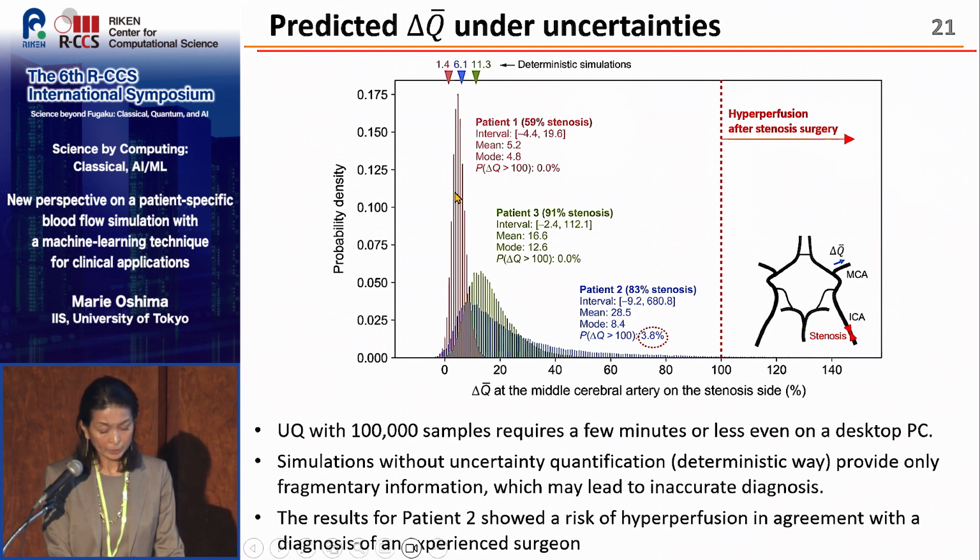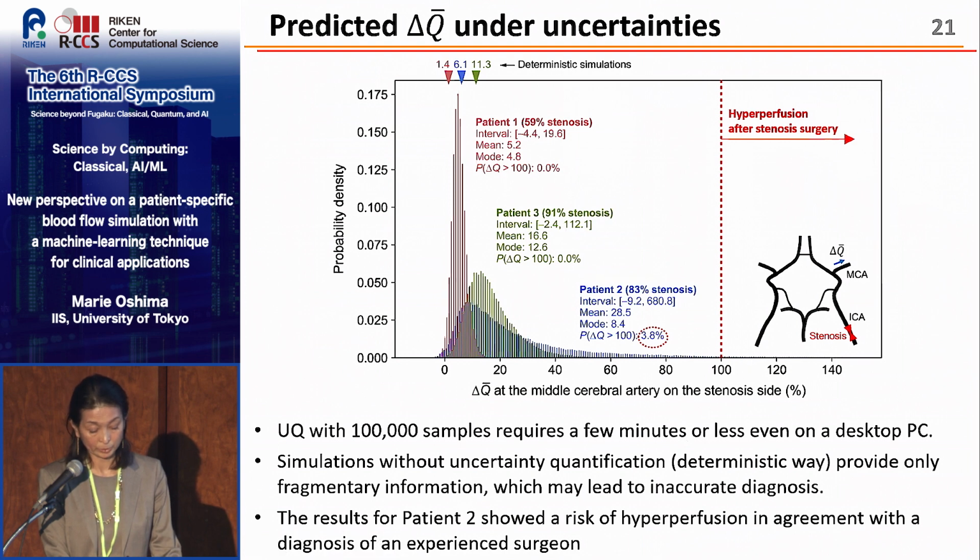Patient 1 doesn't have any CHS risk, and as shown here, it doesn't have any risk. By the way, if the risk becomes over 100%, that means the patient has a CHS risk.